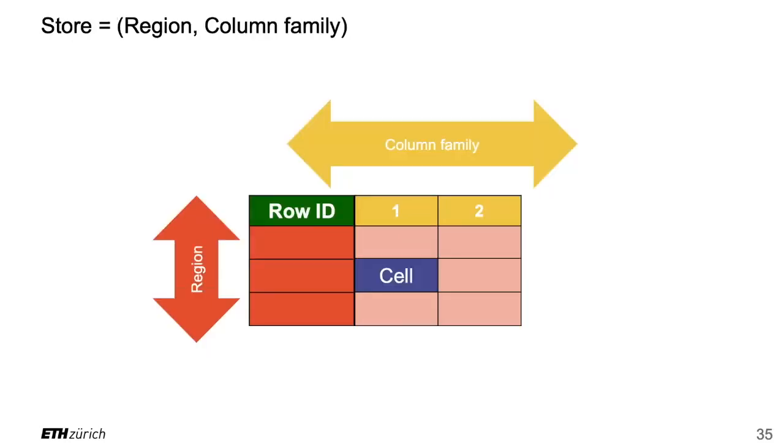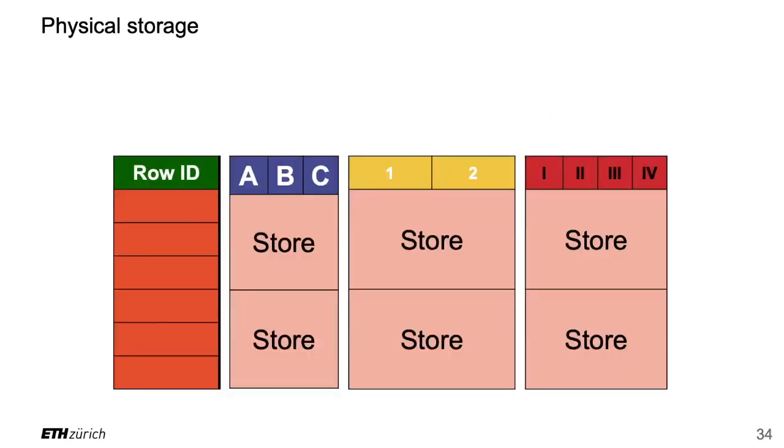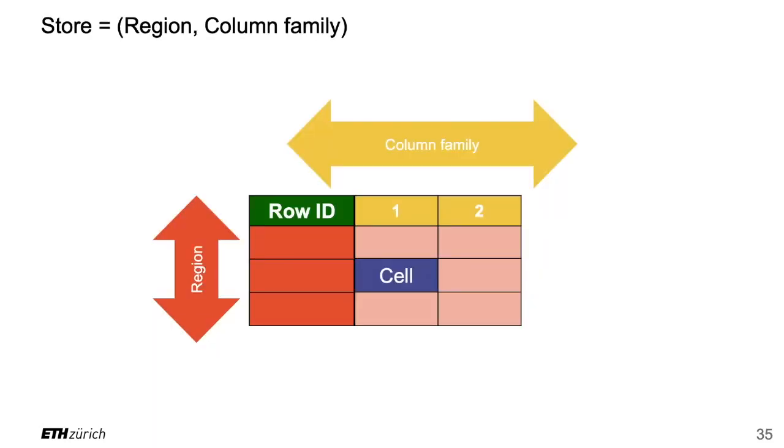All right. So now I'm going to zoom in on a specific store. I have a specific partition, which means a region with its minimal inclusive and maximum exclusive interval, and I have a specific column family, the yellow one, the red one, the purple one, whatever, okay? So I'm looking at one store. I have my rows within that region, and I have my columns within that column family.